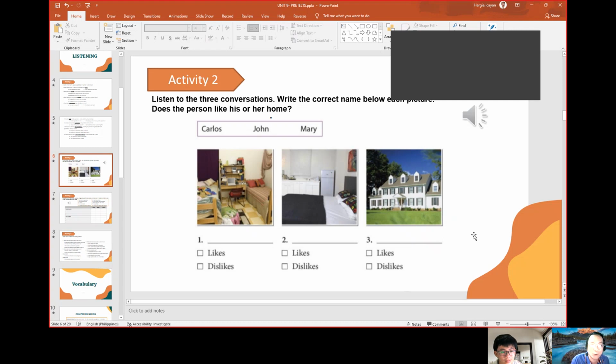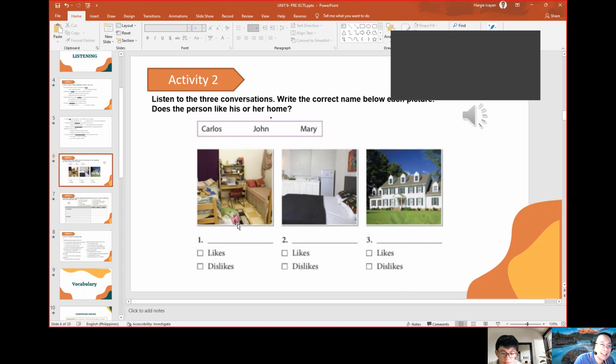Although she asked for some information from John, from Mary, and from Carlos. Maybe she wanted to get information on what life is like in a dormitory, in a studio type house, or in a bigger house. Okay, that's why she asked.